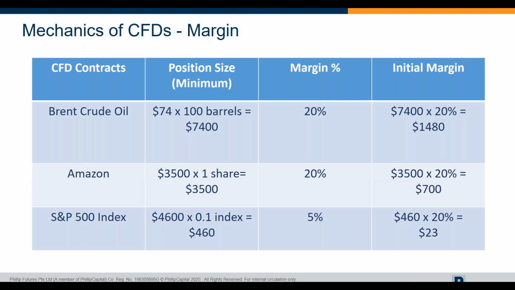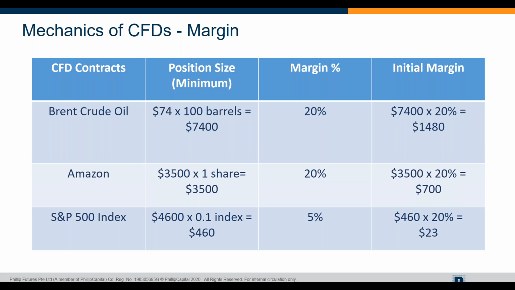All right, so let's talk about the actual margin calculation. Let's first talk about commodities like energy, Brent crude oil. Let's say you want to trade one CFD contract of Brent crude oil. It's like $74 times 100 barrels, so that would bring the contract to a notional value of $7,400. This is the minimum size.